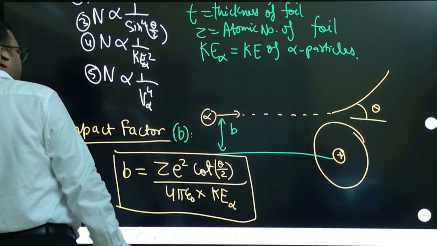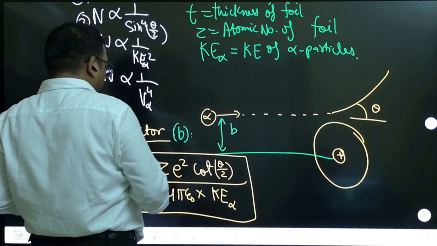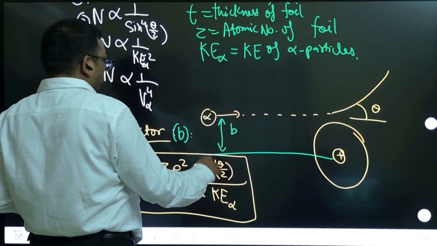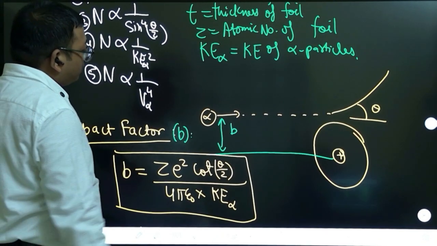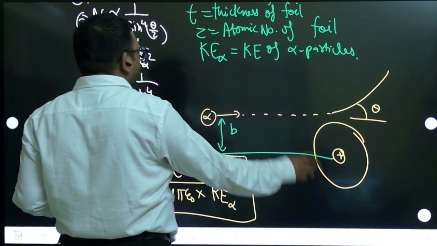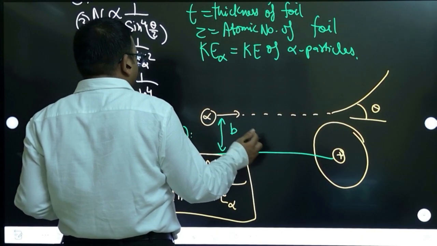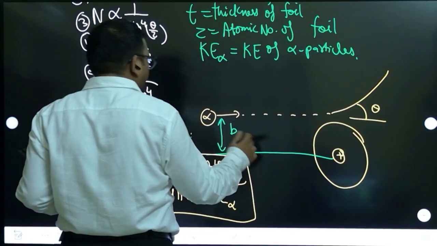Suppose you make b 0. If you make b 0, then cot theta by 2 is 0. Cot theta by 2 being 0 means tan will become infinity. That means theta will be very large. So if you decrease b, theta will be large.